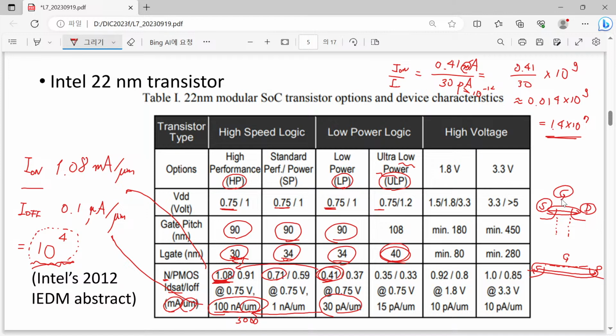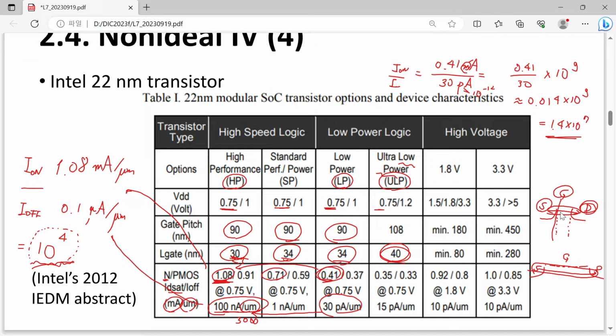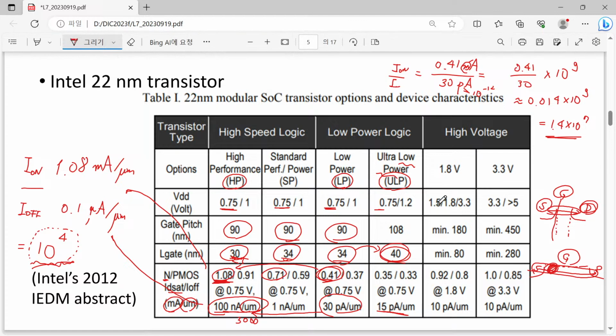Although gate tries to cut them off, since drain is too close to source, it also has a certain impact on the source channel's electron movement. So if the drain is far away and this part is solely controlled by only the gate, then leakage will be reduced further. So now you can see that although we have a slight increase to about 20 times a longer channel length, we can see that off current is drastically reduced by a factor of 2.